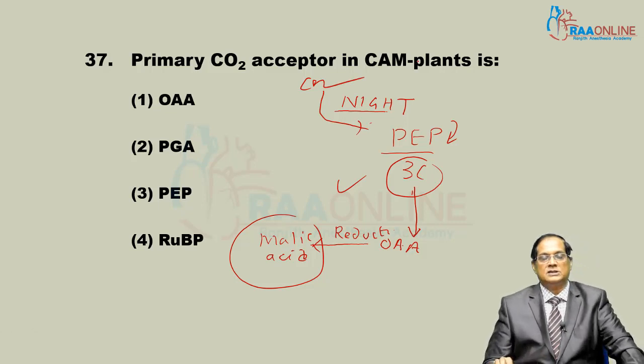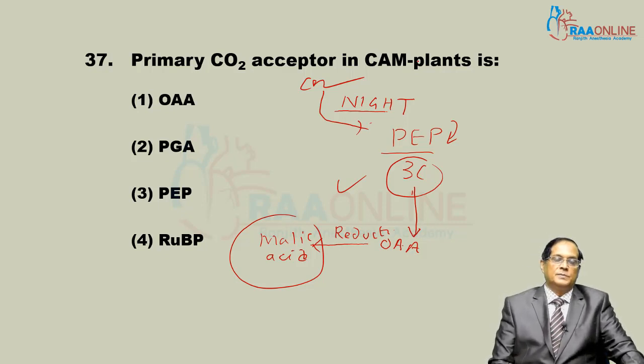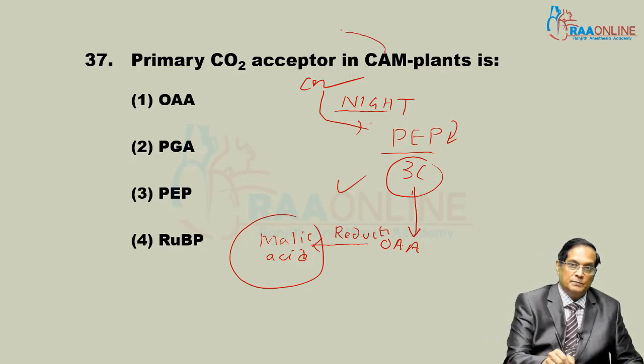During the day, in these plants, CO2 reduction takes place internally when carbon dioxide is released from the malic acid. That carbon dioxide is not from the atmosphere. Atmospheric CO2 is trapped at night when stomata are open. So one more speciality of CAM plants is that they have scotoactive stomata.